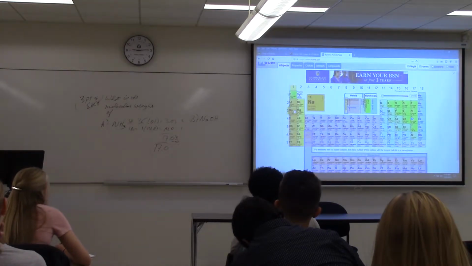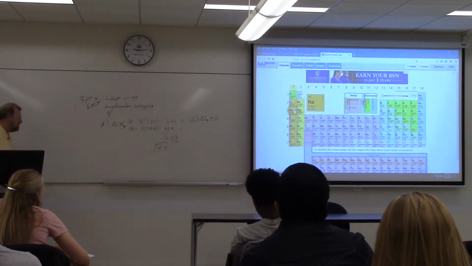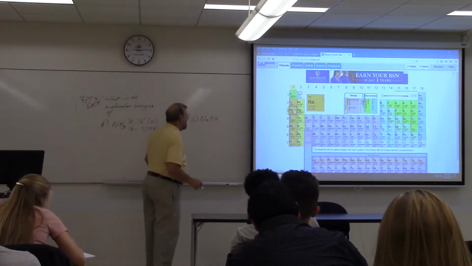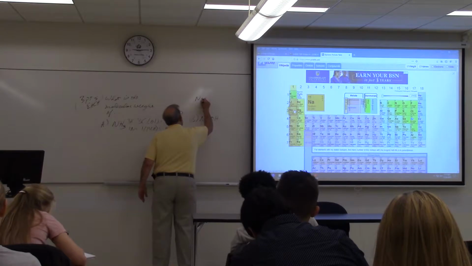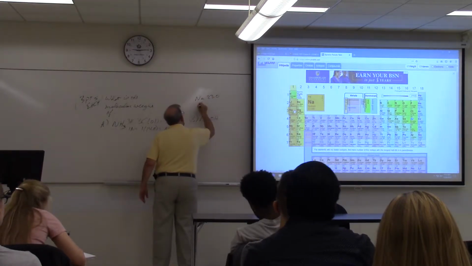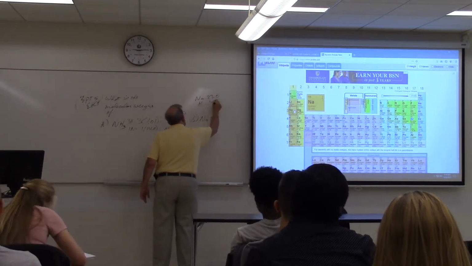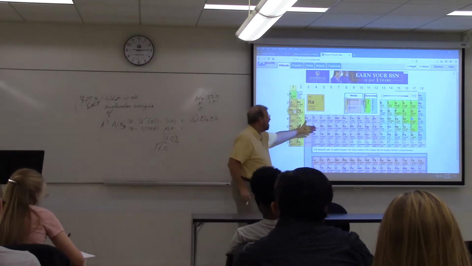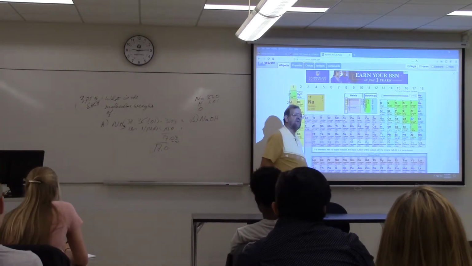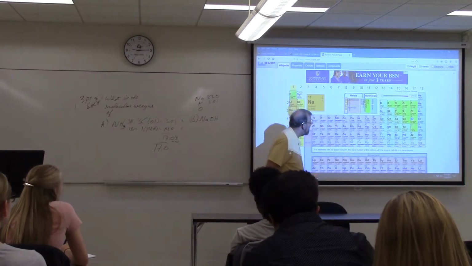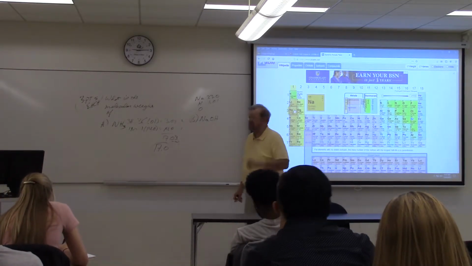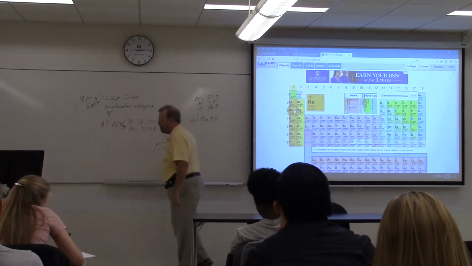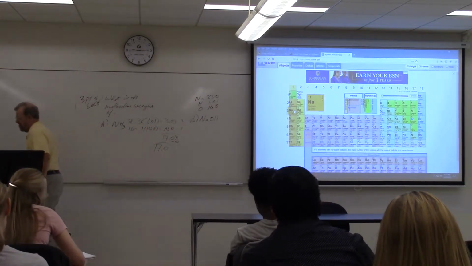In case you didn't bring your periodic table, which you don't, I'll help you out. If we look at oxygen on here, it's 15.999, and rounding that off to 3 significant figures, hopefully you all got 16.0. What's the molecular weight of sodium hydroxide?